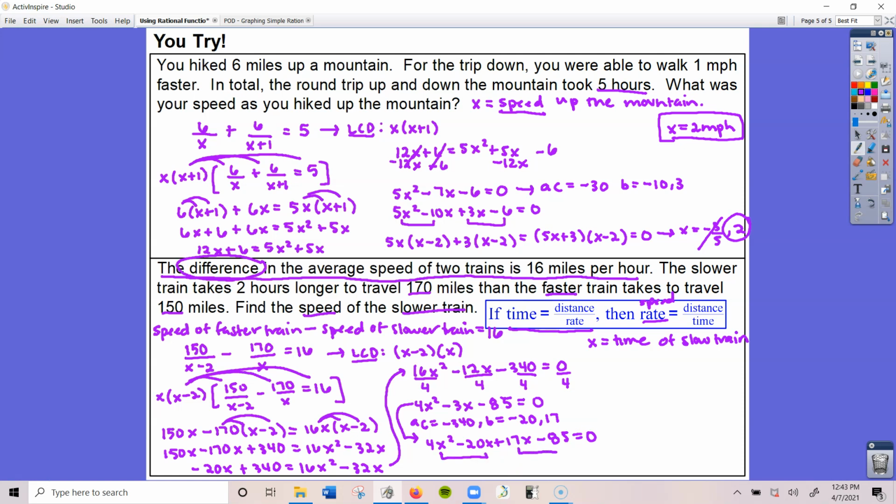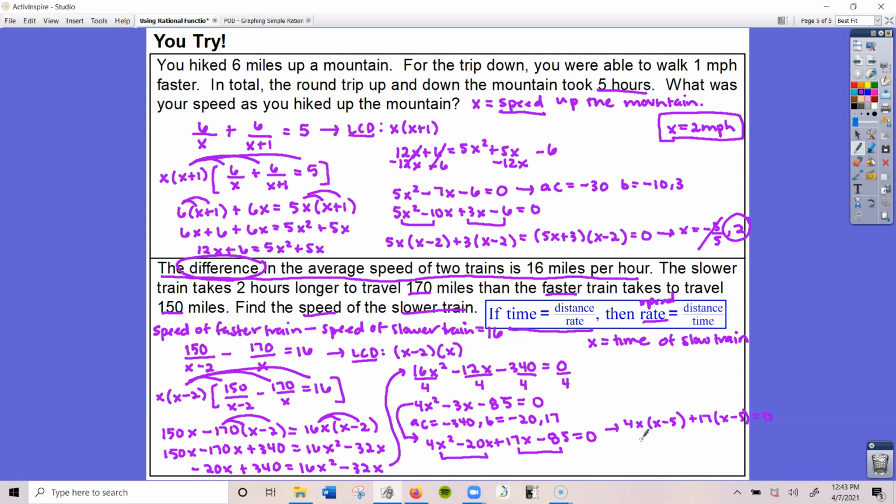Factor by grouping. We can take out a 4x from both of these terms, and we get 4x times x minus 5. With the 17x minus 85, we can factor out a positive 17, leaving me with x minus 5.